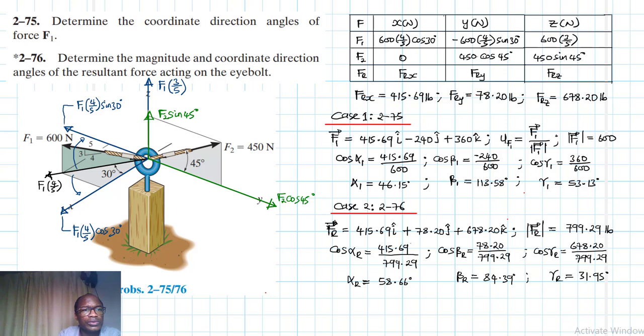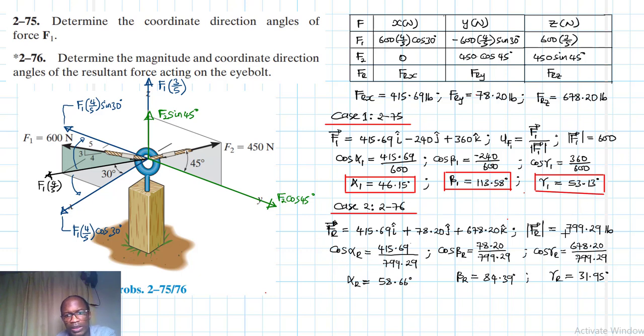So let's outline the solutions. We have the coordinate angles for F1: alpha 1, beta 1, gamma 1.